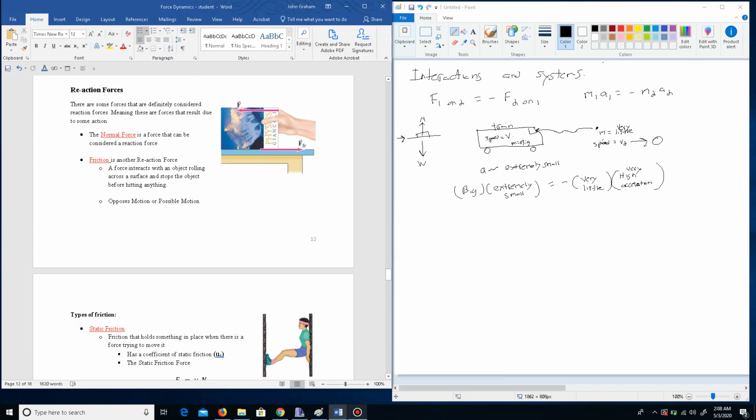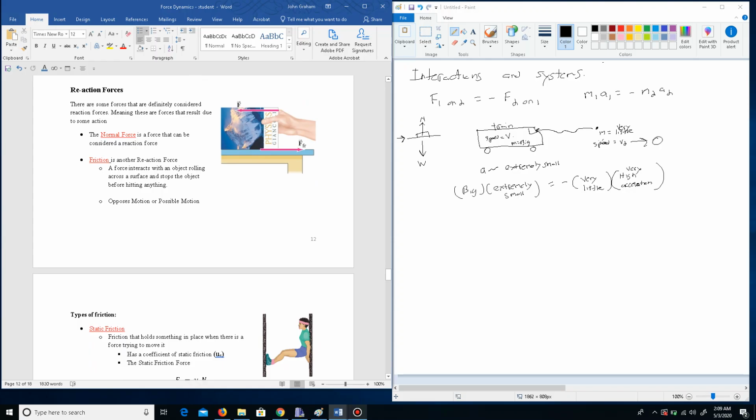That's always the reaction force to something sitting on a surface, as much as it can. So like I said with the car, if the car is sitting on a table, that table can't hold the car, and so it can apply as much of a normal force as it can, but it's going to get squashed. And the acceleration of the car breaking through that table is going to account for that high normal force, but it still won't be enough.